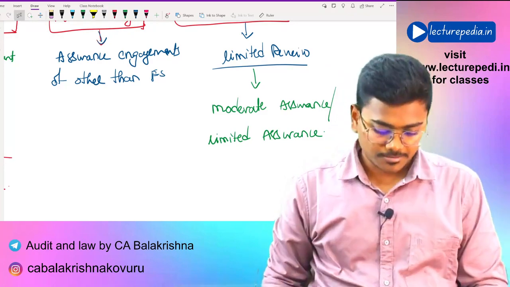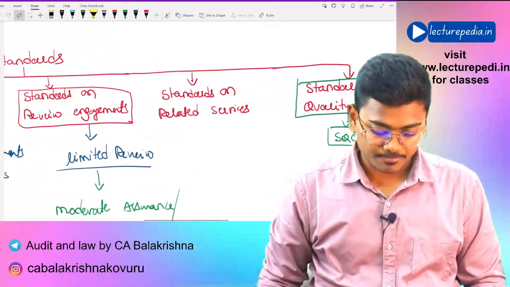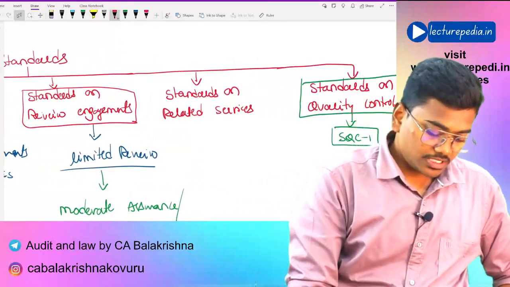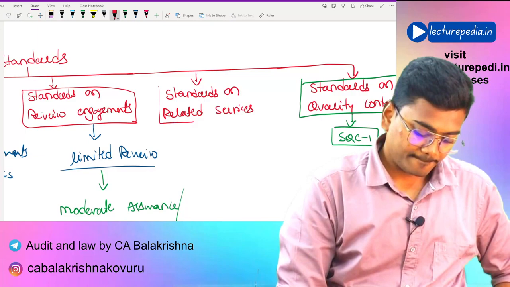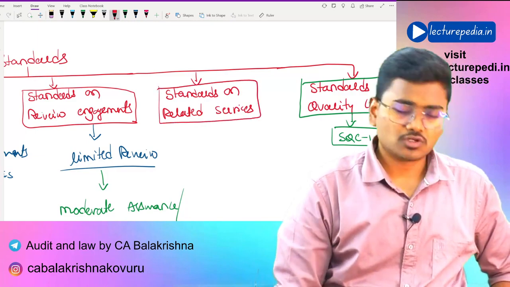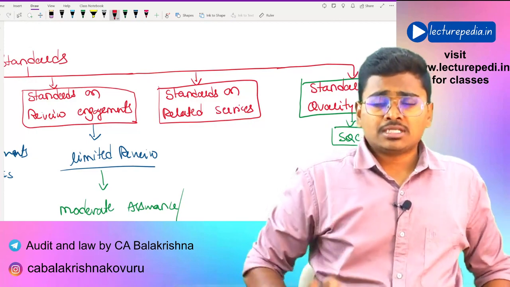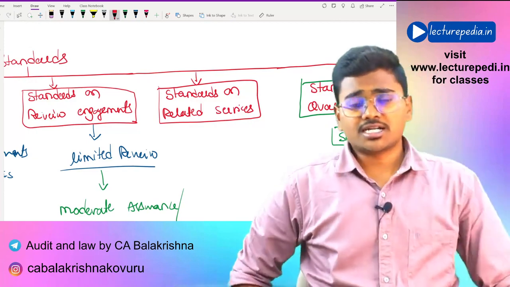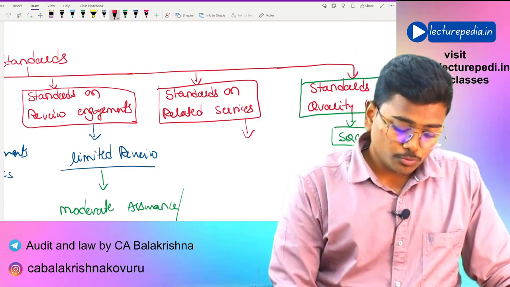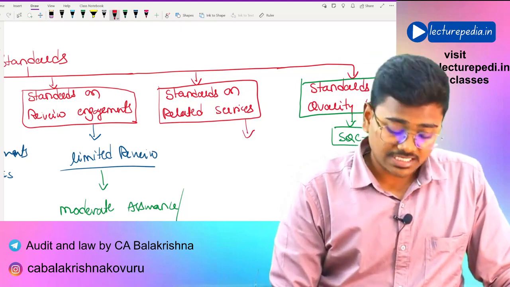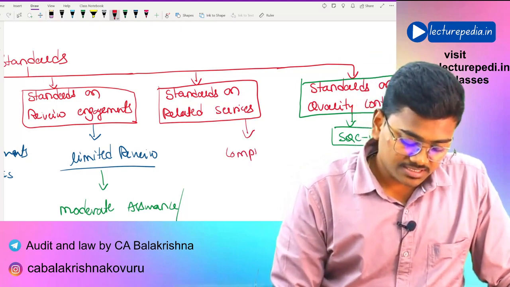Okay, next, standards on related services. What are these standards on related services? Let's say, for example, management has appointed a particular chartered accountant to compile financial statements.